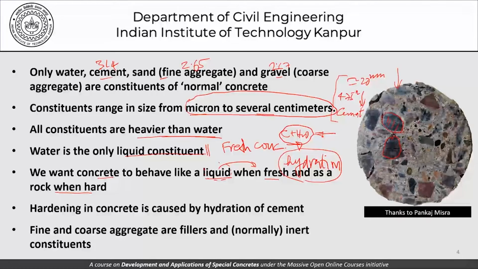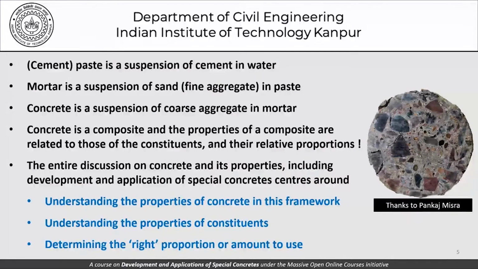Another fundamental aspect: cement paste is nothing but a suspension of cement in water. We take water and if we add cement to it, we get what is called paste, and this paste can be considered as a suspension of cement in water.